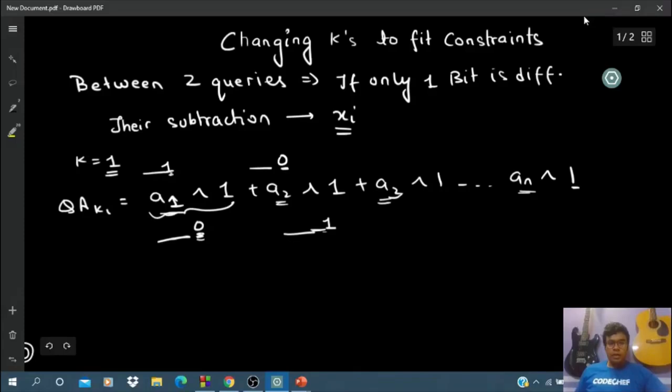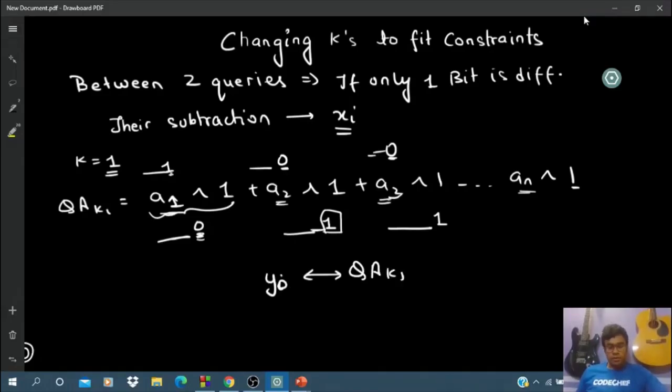Okay, so we know that the number of ones that we get for each of these individual interactions originally has to be 0 in this a3, which is nothing but yi. So we can say that yi will be equivalent to QA of k1, and for the 0th bit, y0 will be equivalent to QA of k1, because we know that the number of ones is the sole contributor in the 0th bit of whether this number is odd or even.